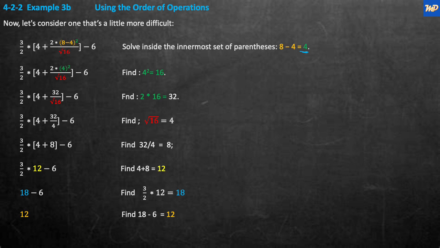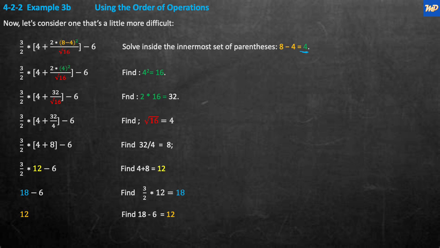On this next line, you see that we have 2 times 4 squared over the square root of 16. Well, this exponent has to be done before anything else. You can't multiply anything until you take this exponent, because it goes parentheses and those types of things, then exponents, then multiplication and division, and then addition and subtraction.